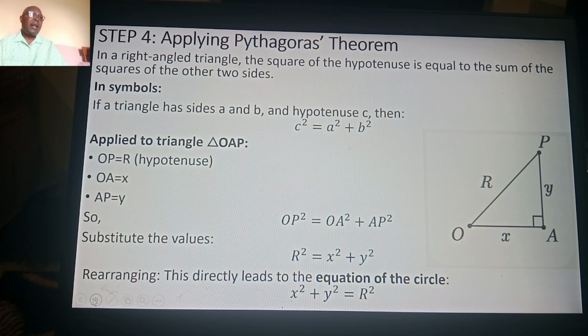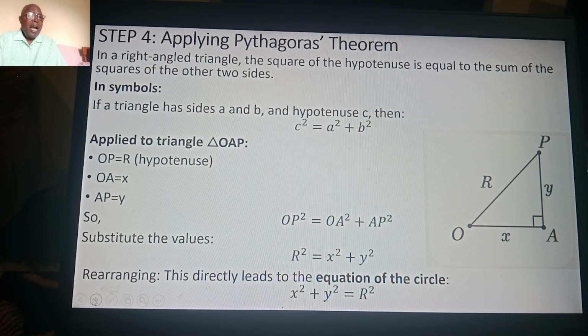Applying Pythagoras theorem. I would like to remind my viewers and all the members of the internet who like doing mathematics that I already have a video on proving the Pythagoras theorem. So just go over my channel.